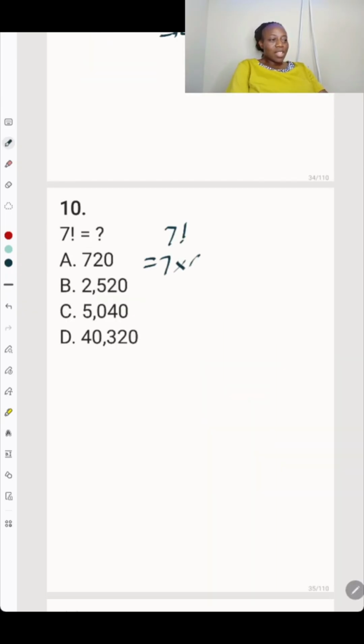7 times 6 times 5 times 4 times 3 times 2 times 1. So this is 42. This is 20. This is 6. Let's multiply 42 by 20. That would be a faster one. 42 by 20 will be 420 times 2.